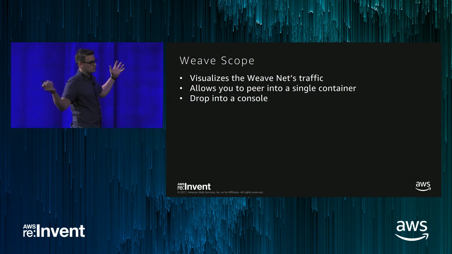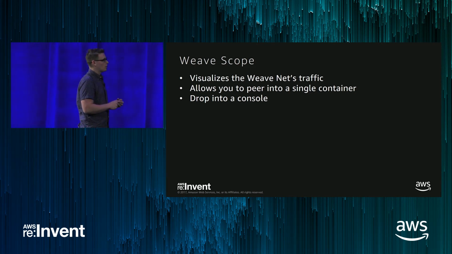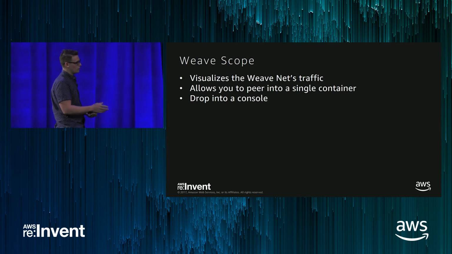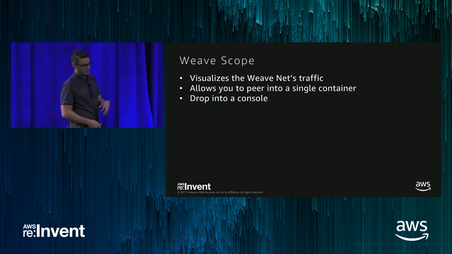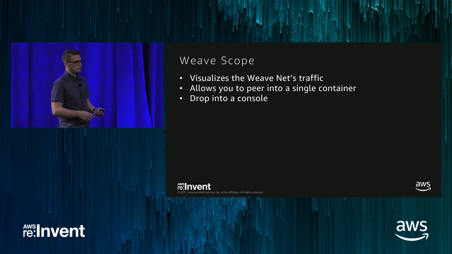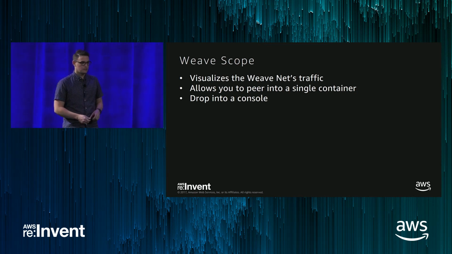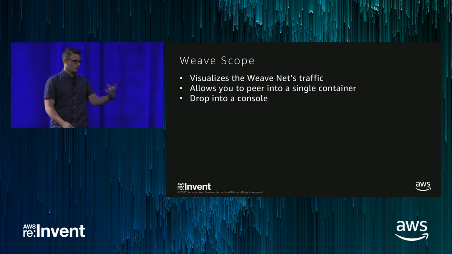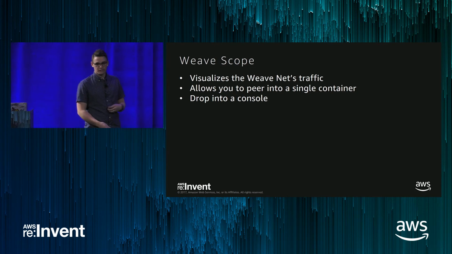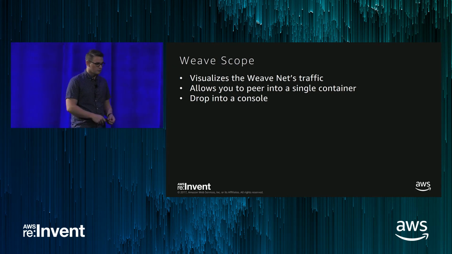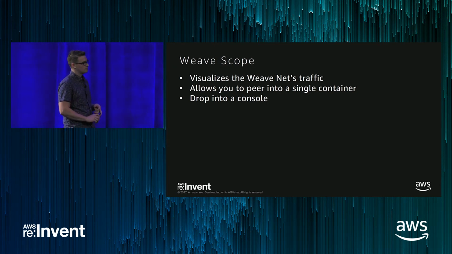It allows you to take all of that traffic that you are already pushing through WeaveNet and visualize that into a hierarchical perspective and dive into an individual container and say, okay, what's actually going on? I want to log that, or I even want to shell in and debug something because there is some issue on our system.